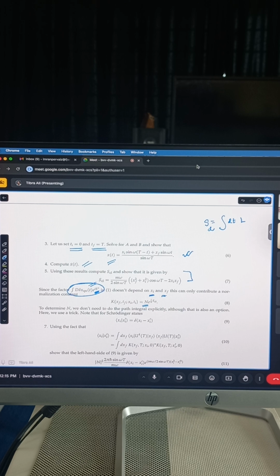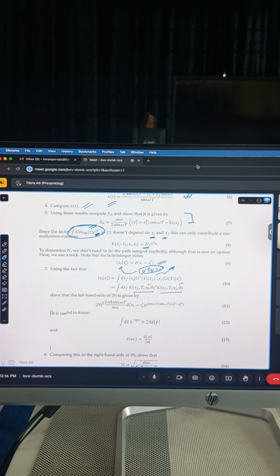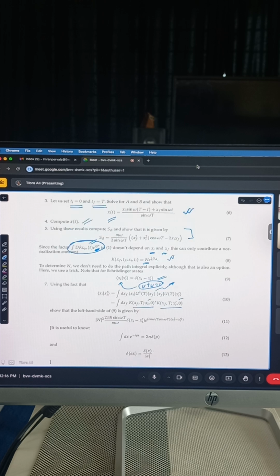Then, in the Schrödinger picture, you insert U dagger U equals 1, the identity operator, to write this as K star K with different values of x prime here. But we have already assumed K has this expression.